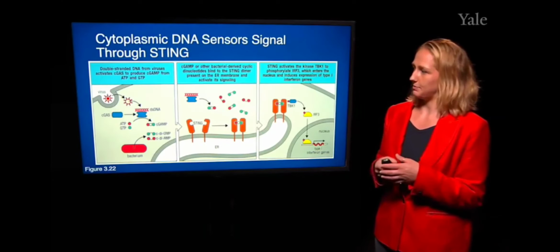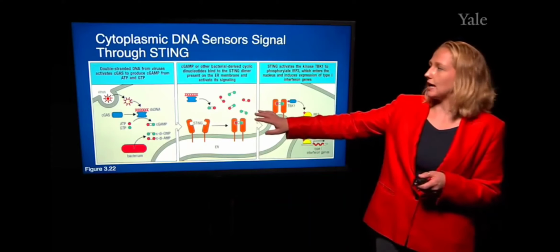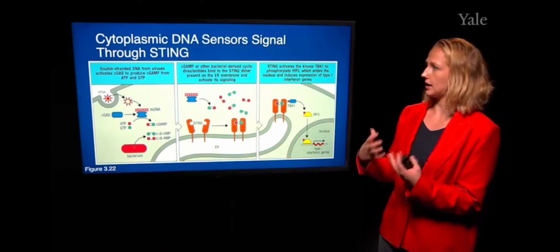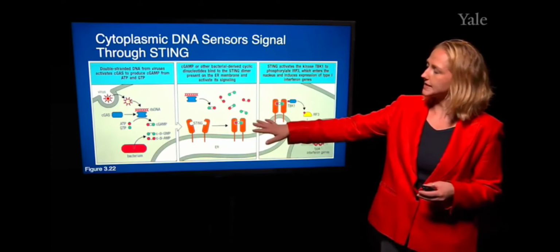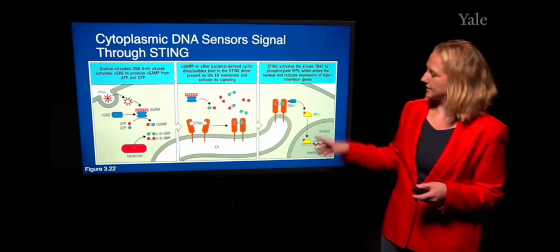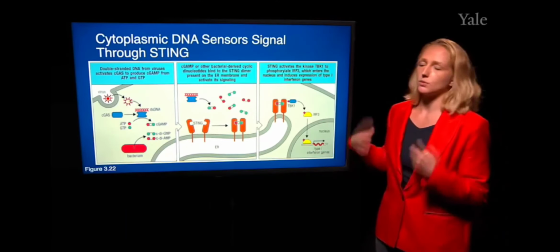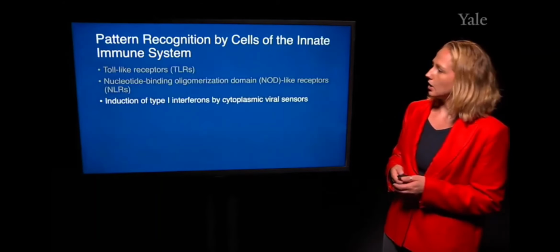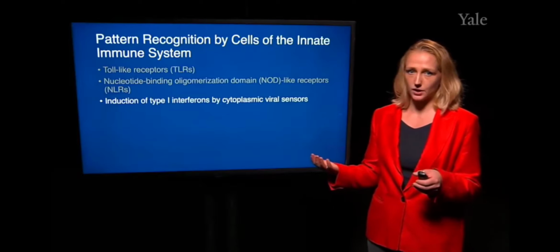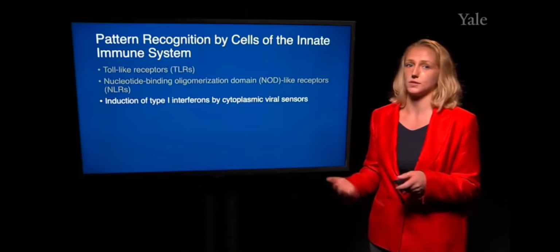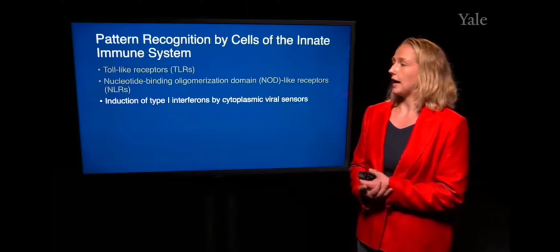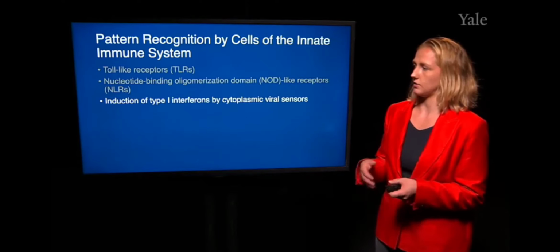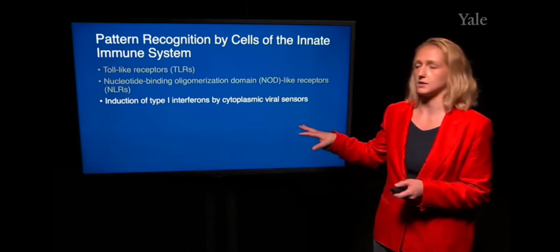This cyclic GAMP will bind to the STING dimer in the ER membrane and activate its signaling, which stimulates the activation of IRF3, the main transcription factor for type 1 interferons. Again, type 1 interferons are critical in establishing what's called the antiviral state. TLRs and NLRs are capable of triggering the induction of type 1 interferons, but the main players are cytoplasmic viral sensors, such as RIG-I.